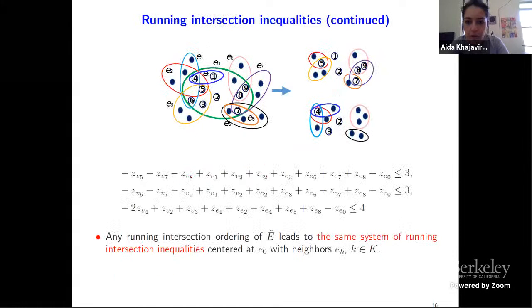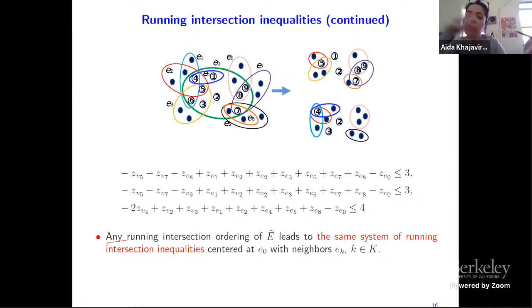Usually for optimizers I go into detail on how to construct these inequalities, but I don't think how to construct them is that interesting here. I just want to say one thing. You may think the way I write this inequality depends on the specific ordering I pick, and indeed there are multiple orderings. But you can prove that if you write all possible running intersection inequalities, the resulting system is independent of the ordering.